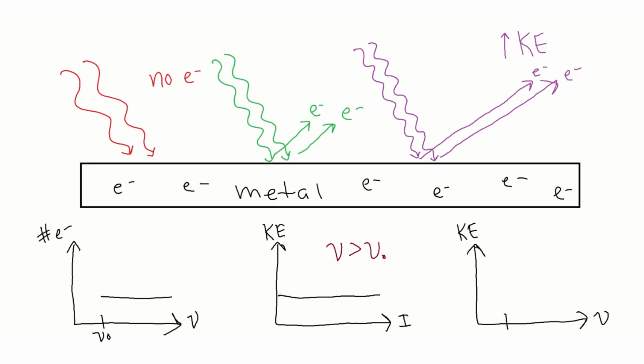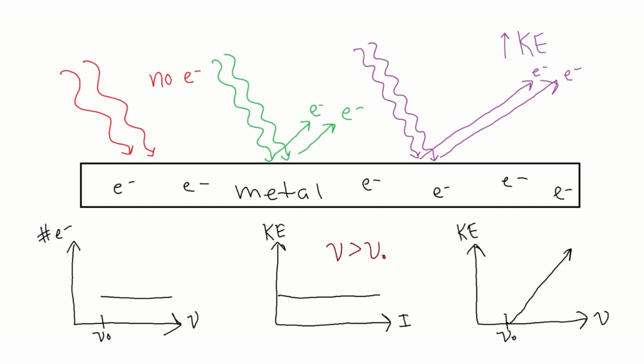Let's say this is the threshold frequency of this metal. Below that threshold frequency, again, there are no ejected electrons. However, after we reach the threshold frequency of the metal, increasing the frequency of the incoming light will increase the kinetic energy of the ejected electrons.